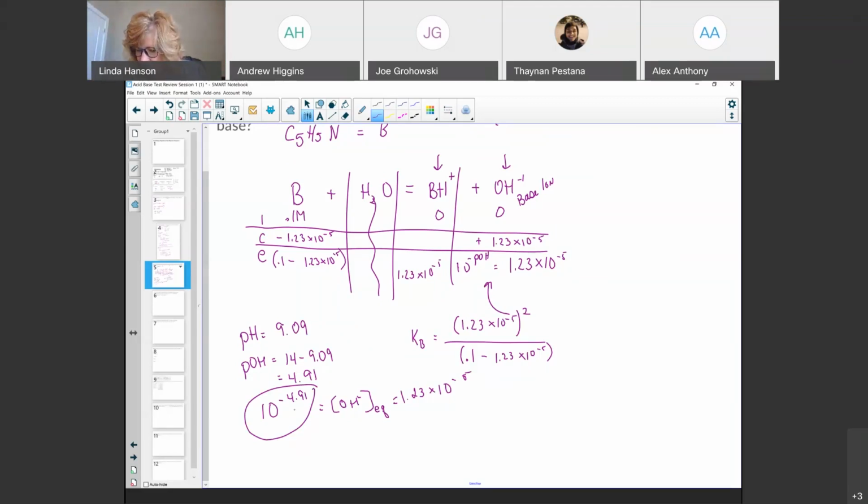Wrong button, darn it. There. So my screen is reading 1.51, I'll say, times 10 to the negative 9th. And I'll see if anyone else got the same thing. Give me a thumbs up in the chat if you found the same answer as I did.